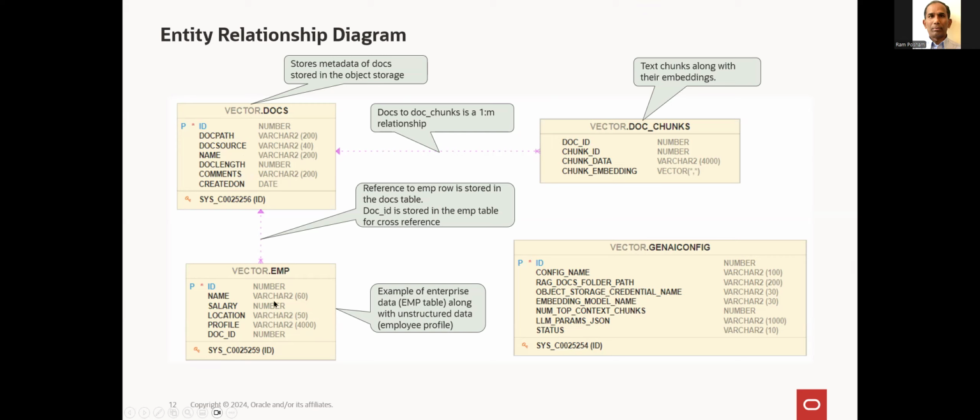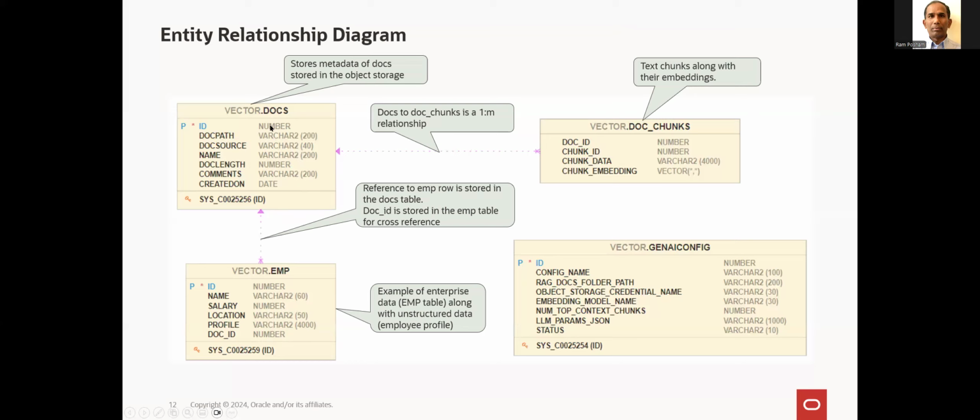So that's the docs. Then there is an employee table. This is for the demo. I create an employee table with a few columns, and I also have a column called profile, which is a varchar. I'm going to be showing you just dummy data, and there is a document ID. This is a kind of cross-reference. The chunk data is not going to be stored here, just the reference, and the chunks of that particular profile are going to be stored in the doc chunks table.